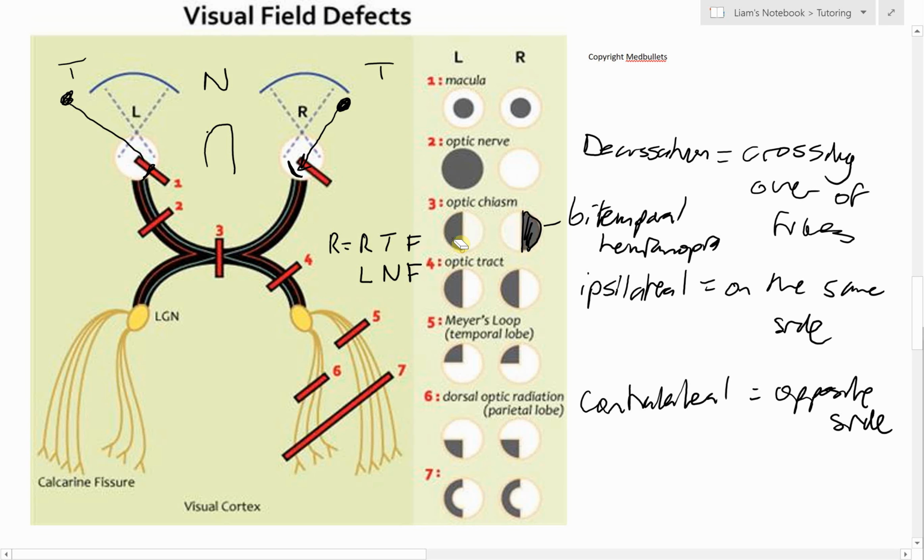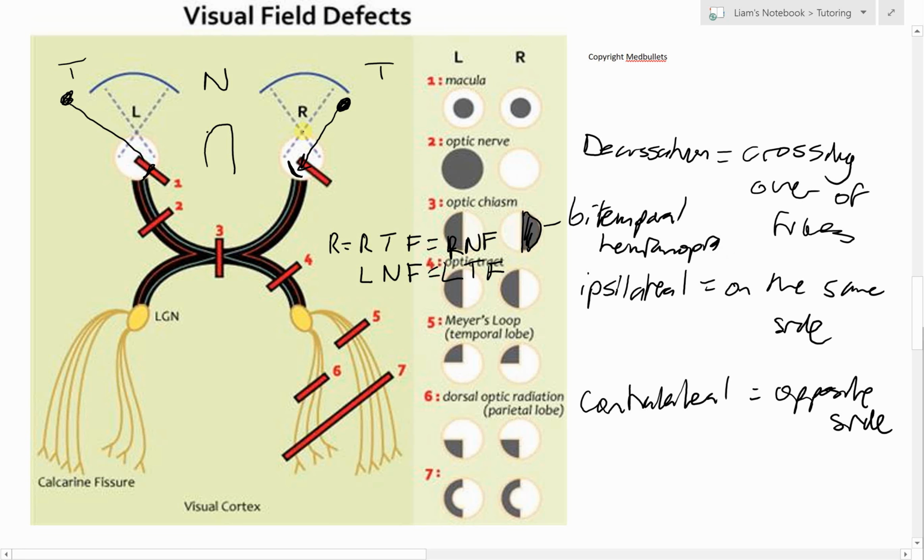The right temporal fiber is going to be carrying the right eye's nasal field of view, and the left nasal fiber is going to be carrying the left temporal field of view. Still gets me tongue tied.